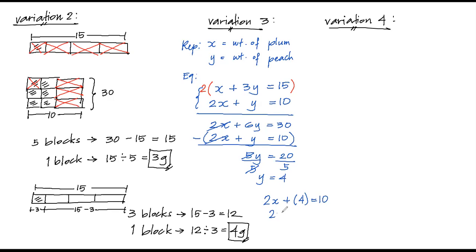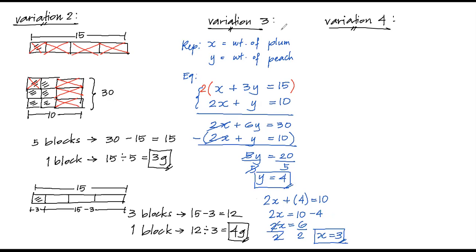So 2x is equal to 10 minus 4. That will result to 6. So 2x equals 6. Divide both sides by 2 to eliminate the coefficient 2. And x will become 3. So same thing, same answer.